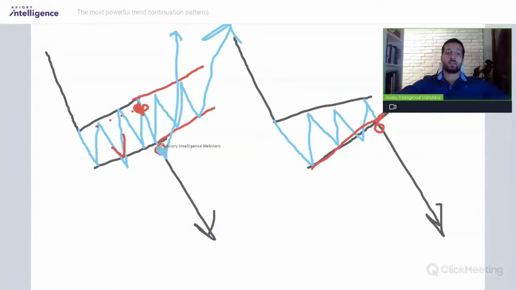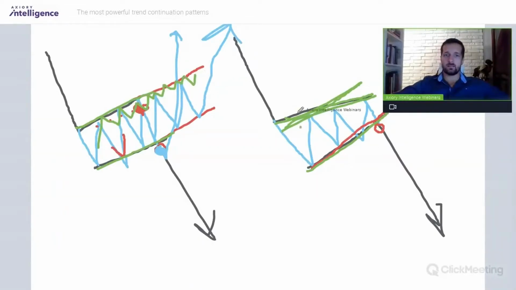So what do you trade? You trade the breakout of the lower line in the downtrend and breakout of the upper line in the uptrend. So if you trade breakout of the support here and here, what is going on with the upper line is less relevant. If it's parallel to the lower line or not, it's less relevant. The price can make those highs here.